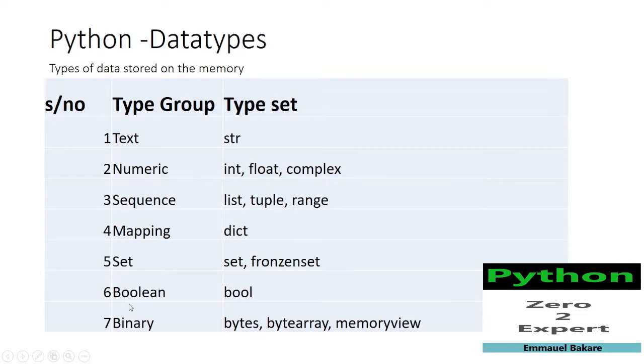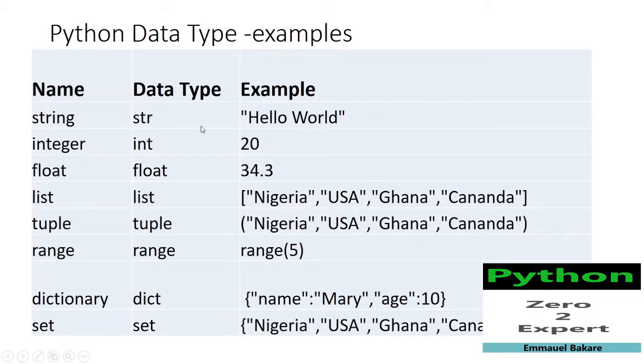Examples of this data type: for a string, you have any kind of word or sentence or phrase. Integers are just numbers: 20, 10, 5, 6. Floats are decimal numbers. Here you see 34.3.